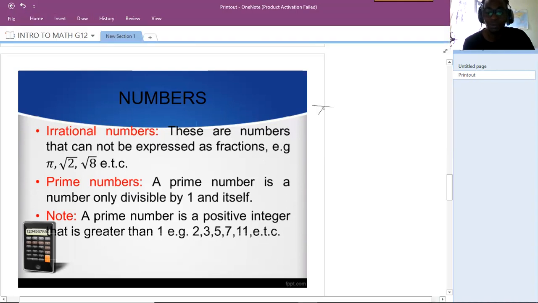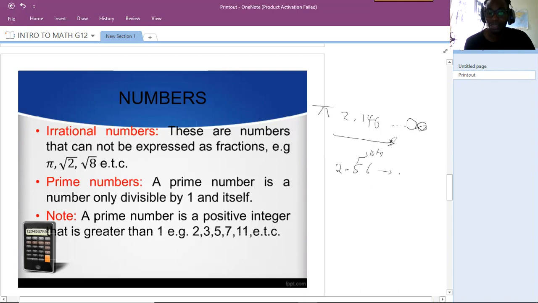This pi is an irrational number because 3.146 etc., it goes until infinity. You cannot express this decimal number as a fraction. By the way, what do I mean? If I say 2.56 and I want to express it as a fraction, I'll start counting the decimal places. This decimal place here will be a tenth.